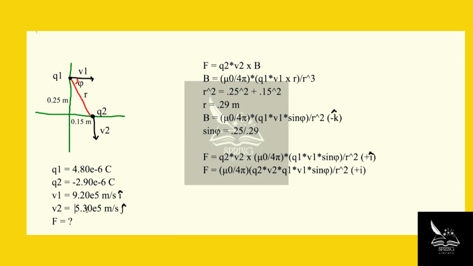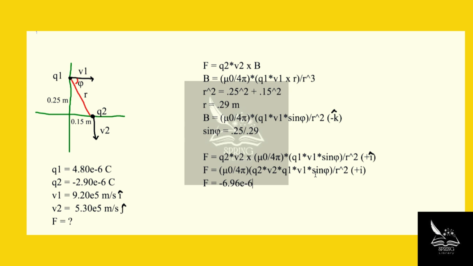So we want to use just positive 5.3 and positive 9.2. But when we plug in Q1 and Q2, we do want to save this negative sign here in Q2 because we haven't yet taken into account the fact that Q2 is negative.